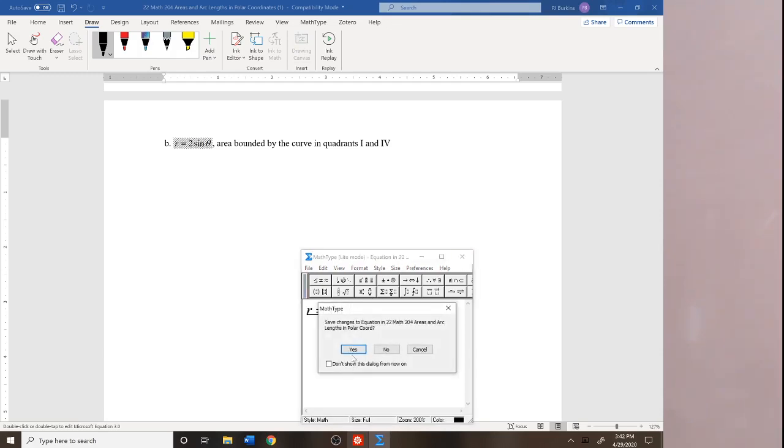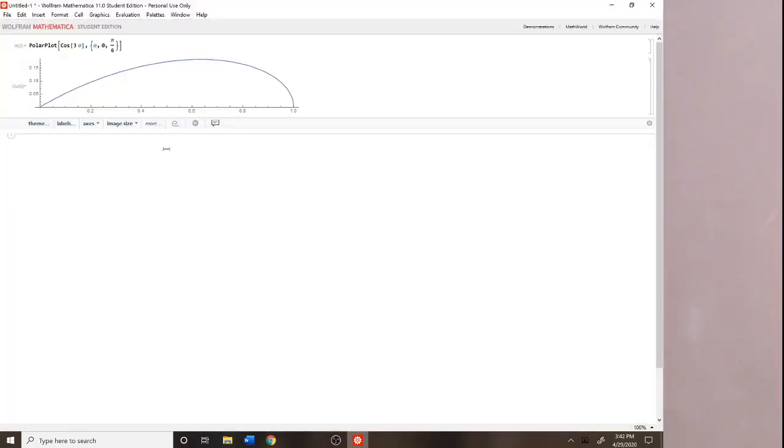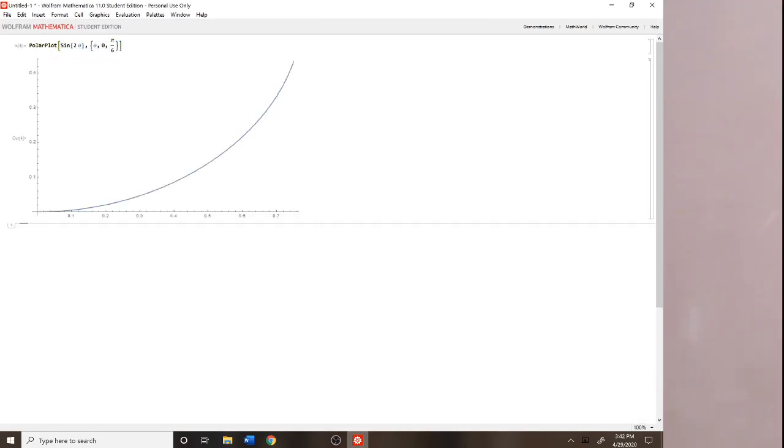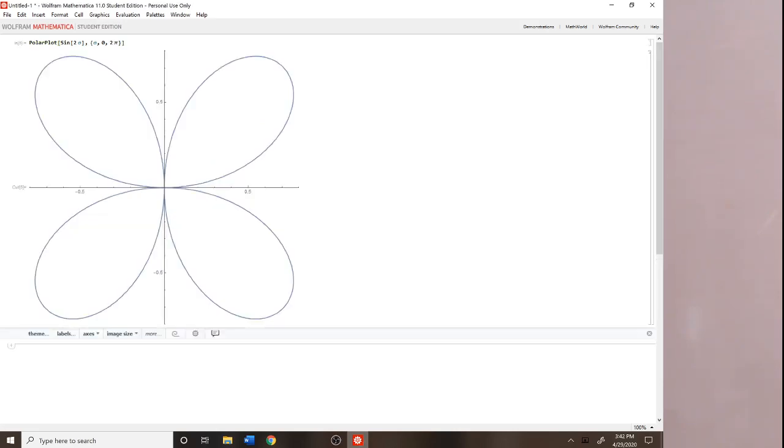No calculus is needed to solve that. 2 sine theta is just a circle. So that is sine of 2 theta.